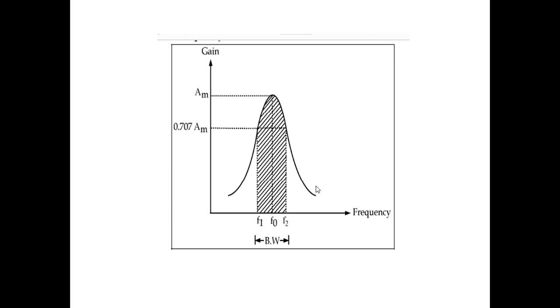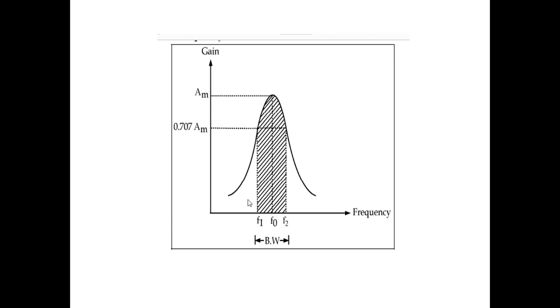This kind of frequency response appears in a common emitter amplifier. Here F0 is the resonant frequency, F1 is the lower cutoff frequency, and F2 is the higher cutoff frequency. The difference between these two frequencies, F2 minus F1, gives the bandwidth.